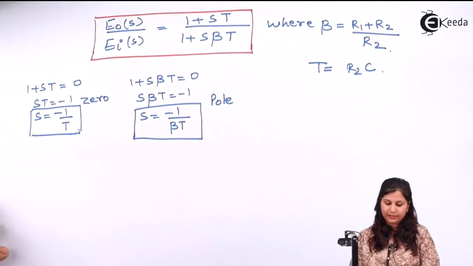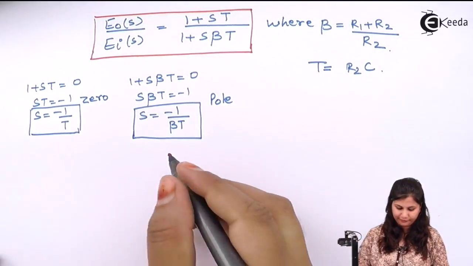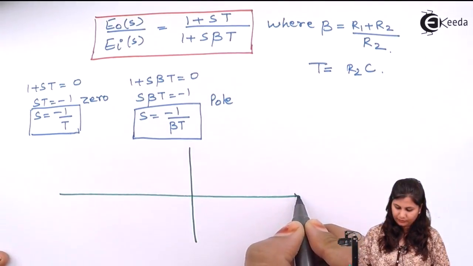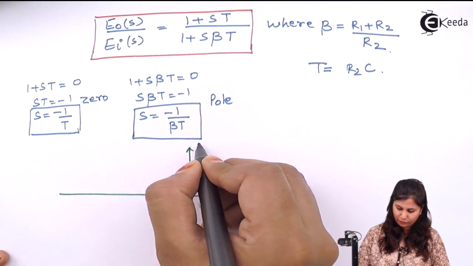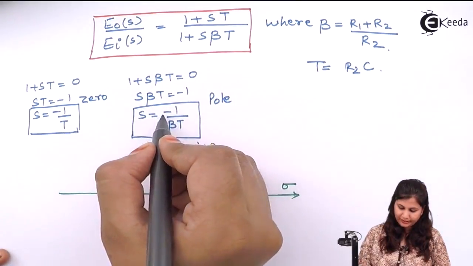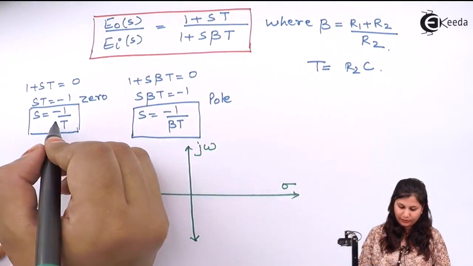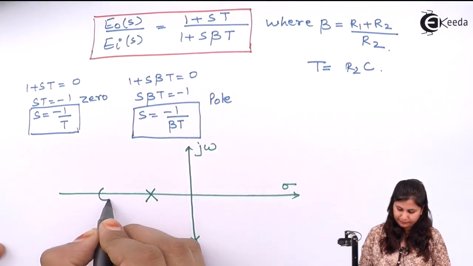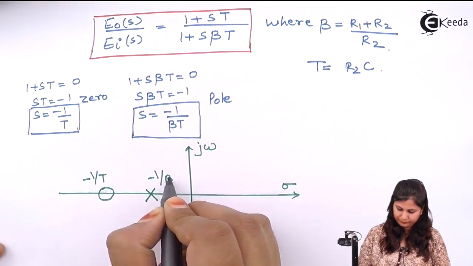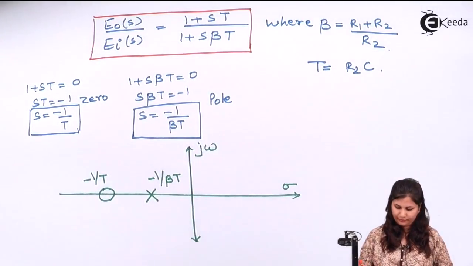So let us represent this zero and pole in the S plane. This is the S plane, with j omega axis and sigma axis. Here we have minus 1 upon beta T as the pole and the zero is at minus 1 upon T. And this is the origin.